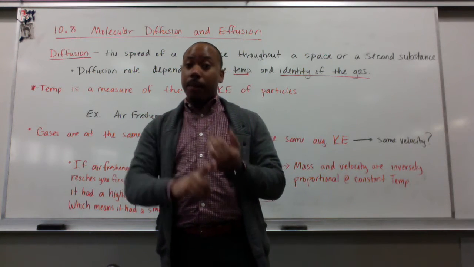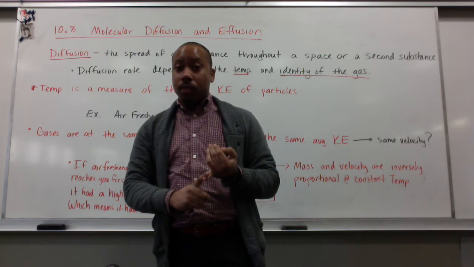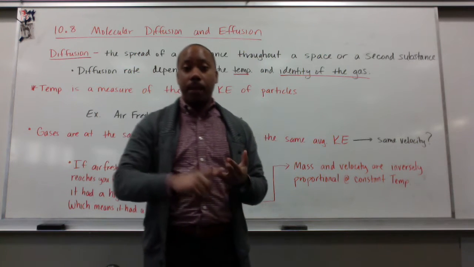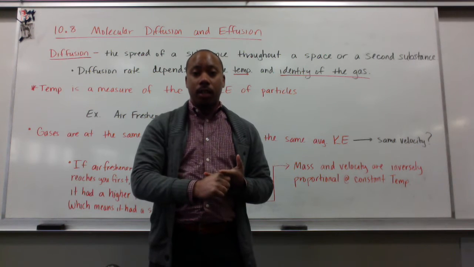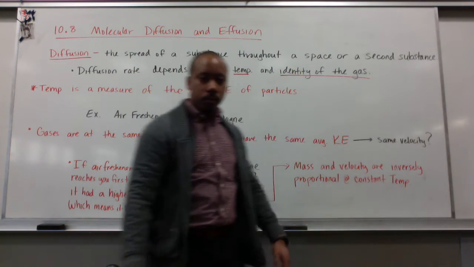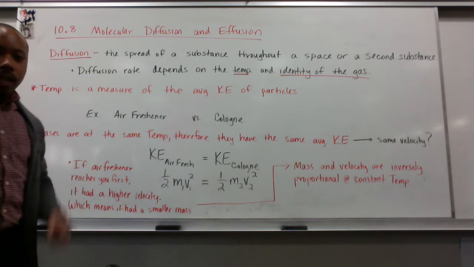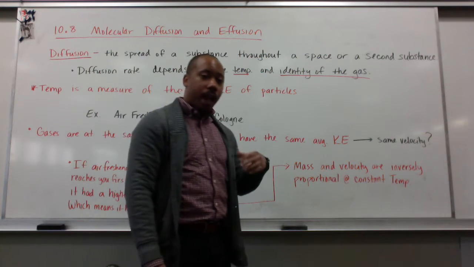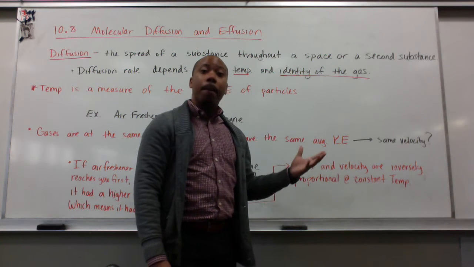Remember, if they're at the same temperature, temperature is the measurement of the average kinetic energy. So that means they have the same kinetic energy as well. But does that mean they have the same velocity? They have the same temperature, same kinetic energy, but does that infer that they have the same velocity? Maybe, maybe not.